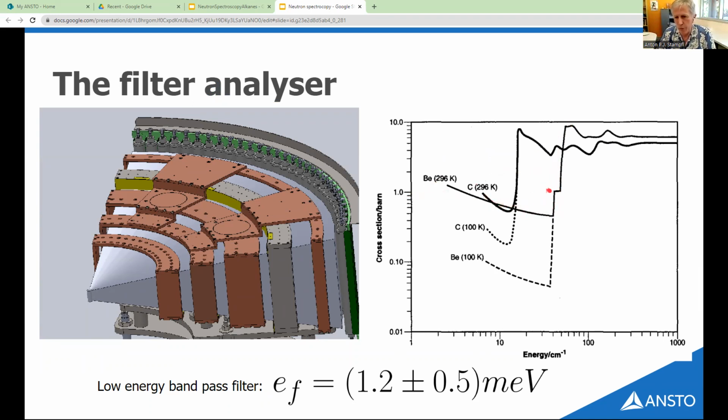But you can get an order of magnitude increase in the Bragg cutoff when you go to 100 Kelvin or below. And we're actually running around 40 Kelvin for the beryllium, for the graphite, and for the bismuth. Bismuth has a sort of similar cutoff. Now this is in energy units.